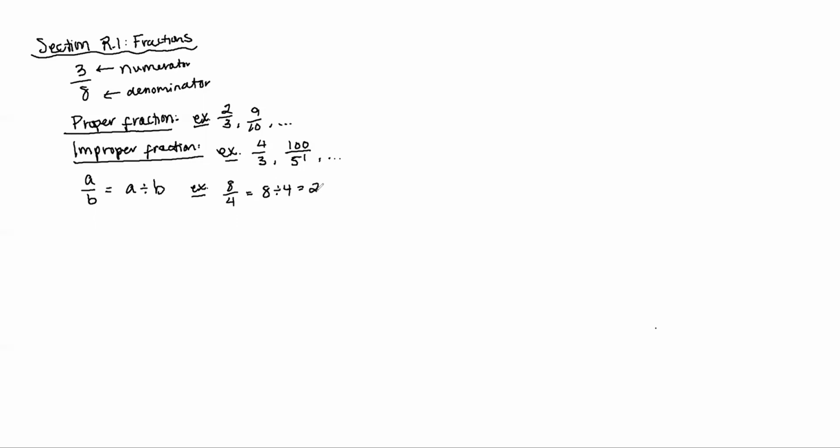And so let's go ahead and look at prime numbers and composite numbers. So prime numbers have exactly 2 factors, or exactly 2 numbers that go into that number.